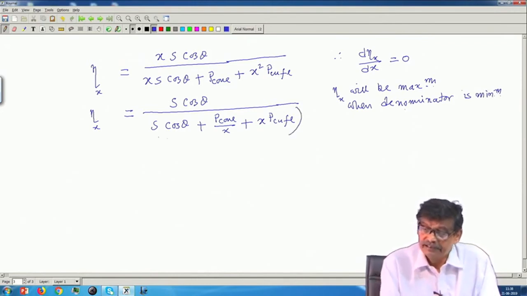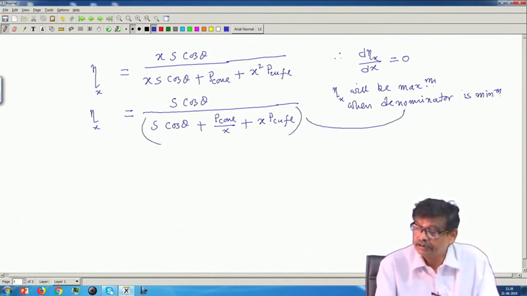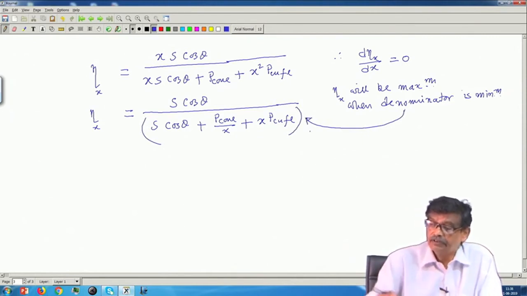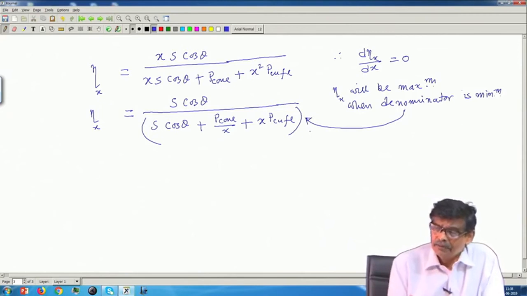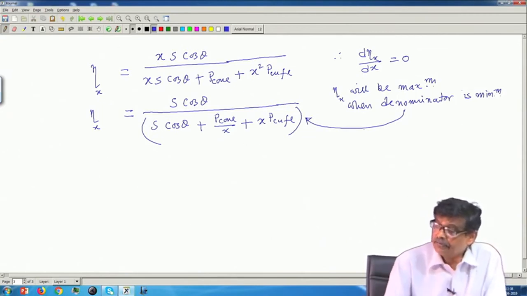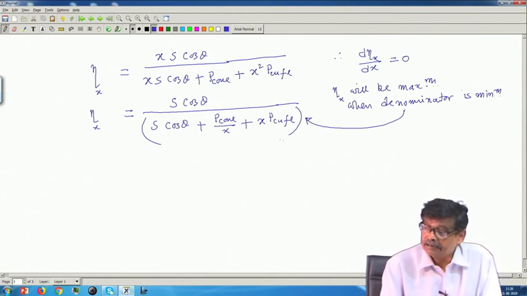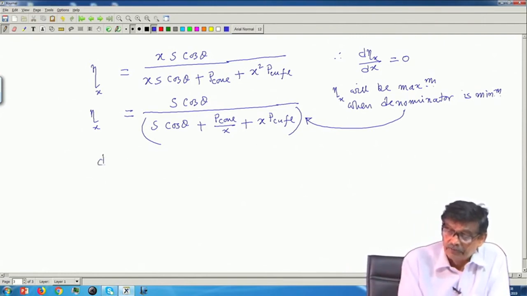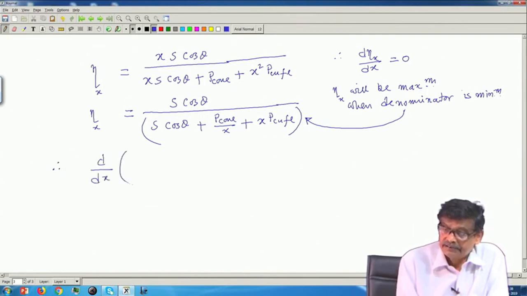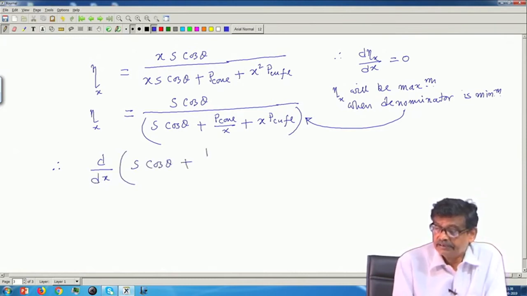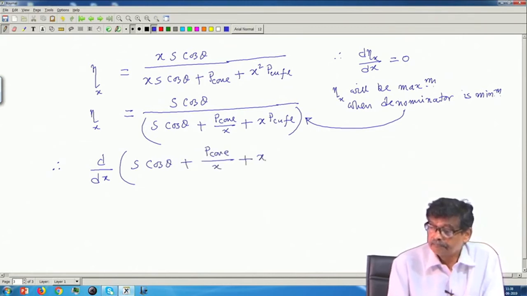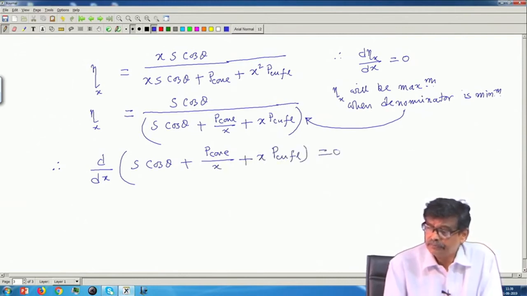Denominator means this factor, this is my denominator now, when this fellow is minimum. So, to have this denominator to be minimum, I should differentiate this like this and set it to 0.